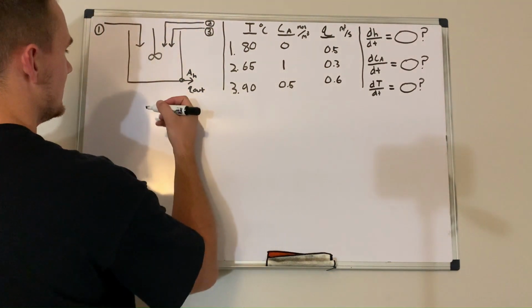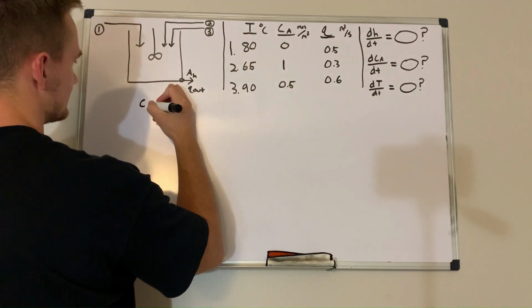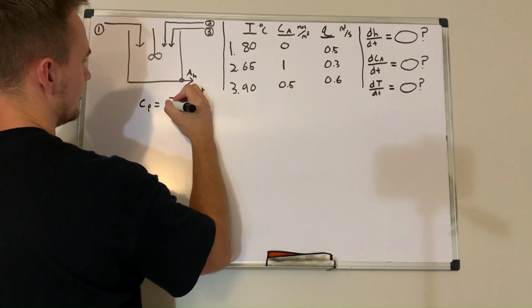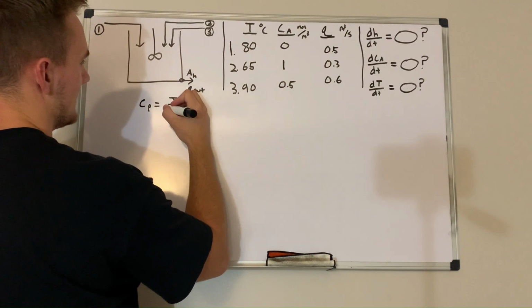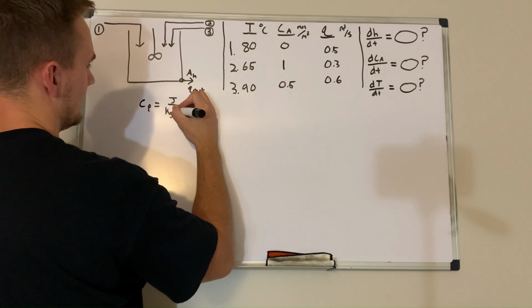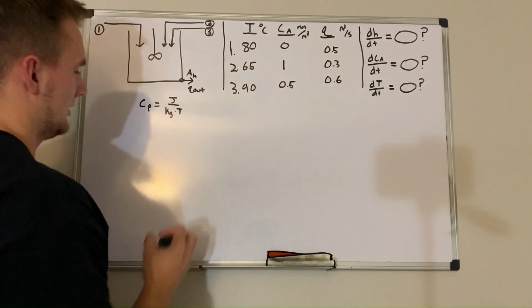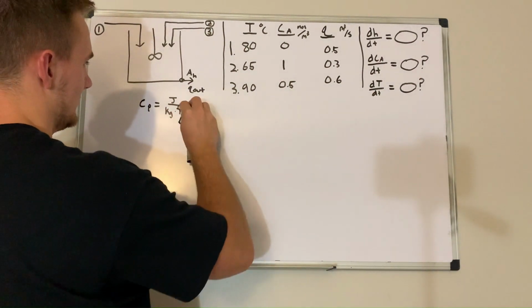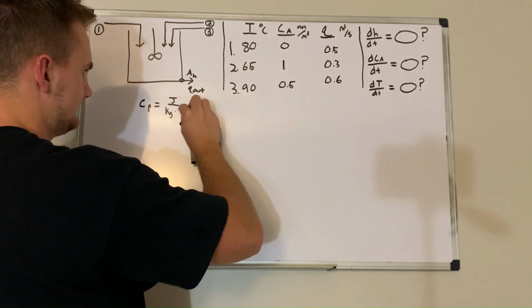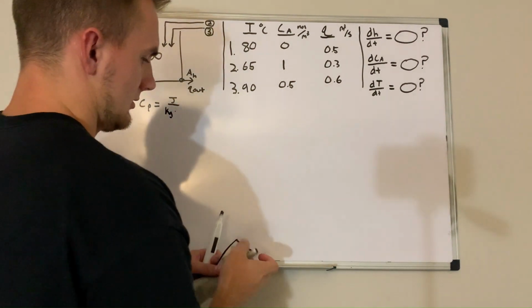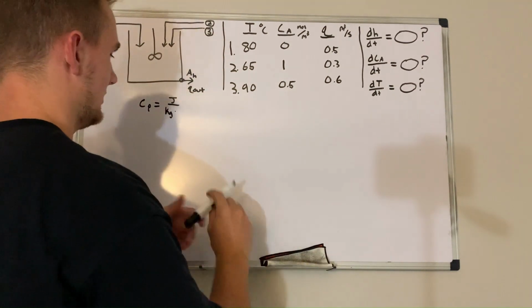Heat capacity, if we look at units, is usually in joules per mass times temperature. So we use kilograms, kilograms Kelvin, not kilograms temperature here. So joules per kilogram Kelvin.